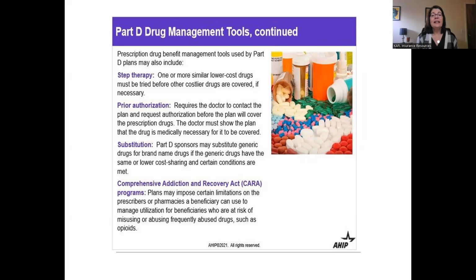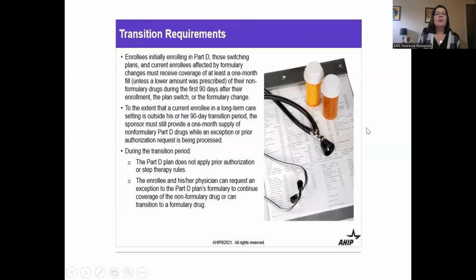So it's limitations on prescribers or pharmacies to avoid a beneficiary or enrollee the ability to take advantage of their drug plan and to prevent the opioid access.